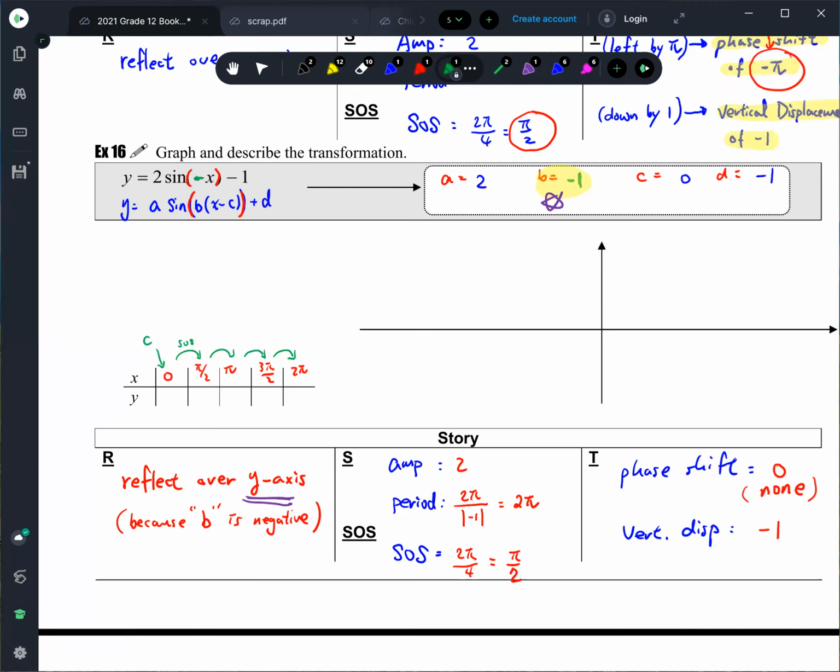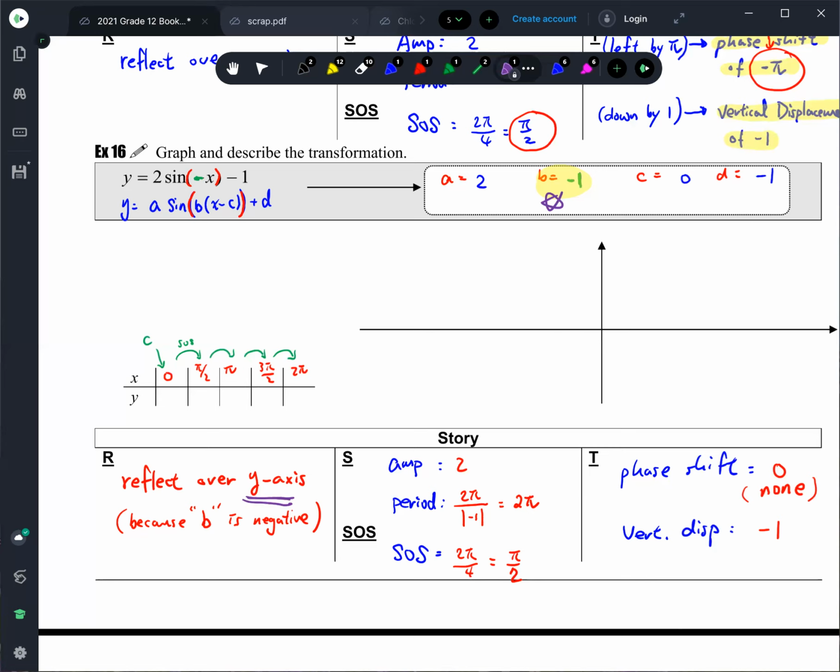Let's check the y values. If you've already finished the table, please raise your hand. Okay, Callum, how do you find the y values? Times a by x plus d.